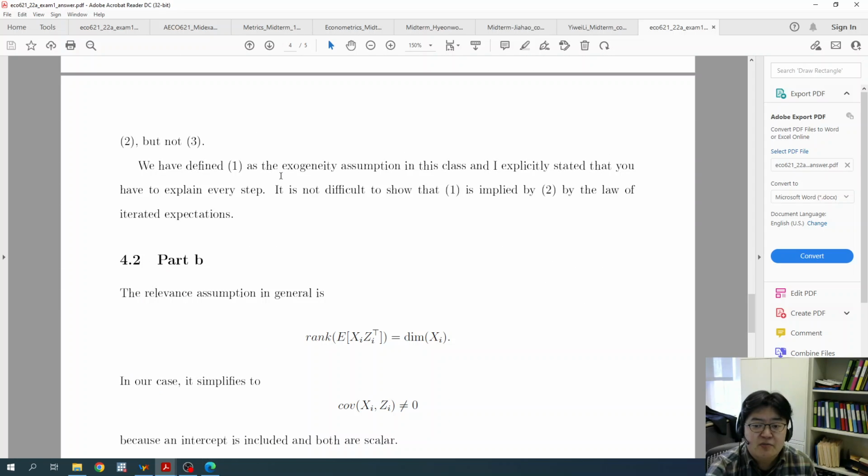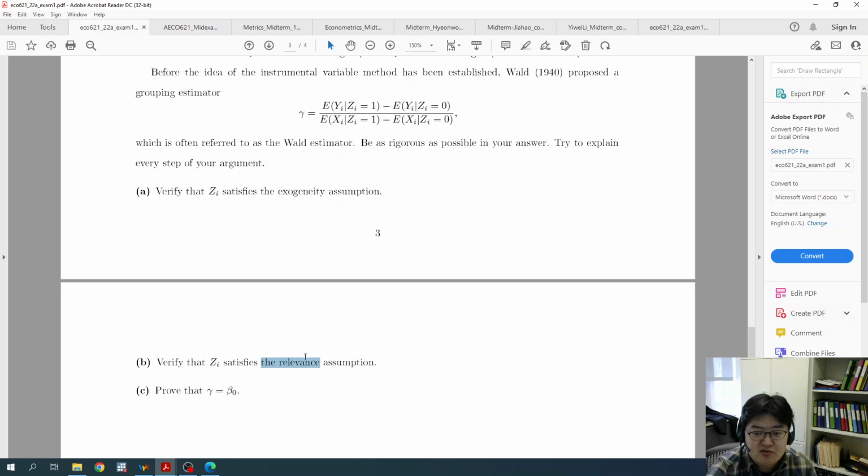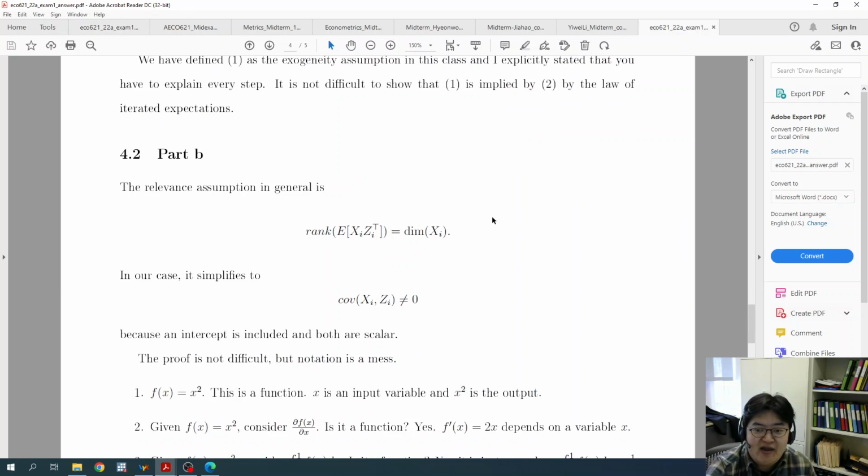In part B, I'm asking you to show the relevance assumption, which I think is also very clear. The relevance assumption in the general vector case is the rank condition. The rank of this matrix should be the same as the dimension of x. We assume x has dimension k, so the rank should be k if both x and z are vectors.